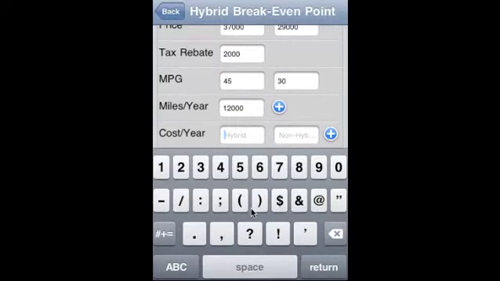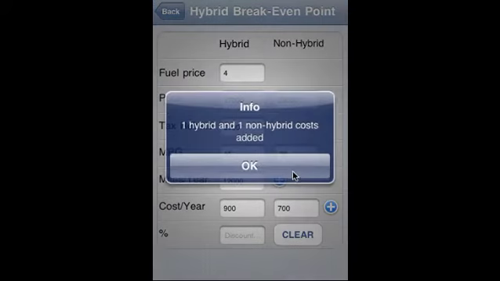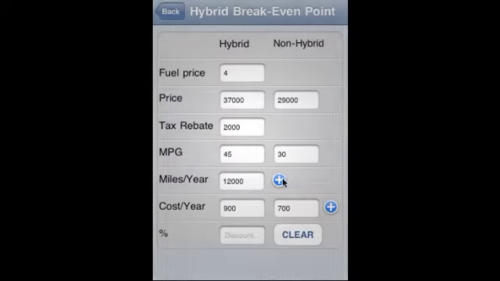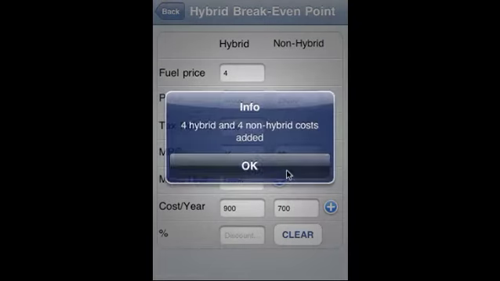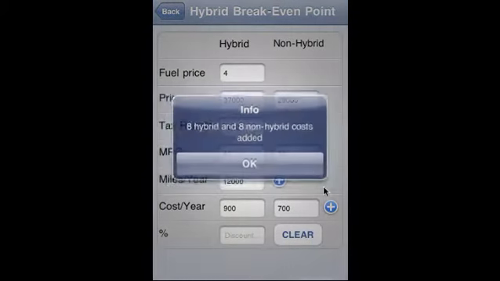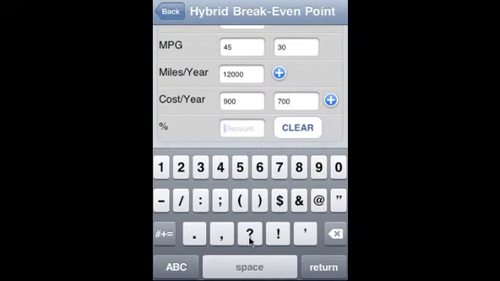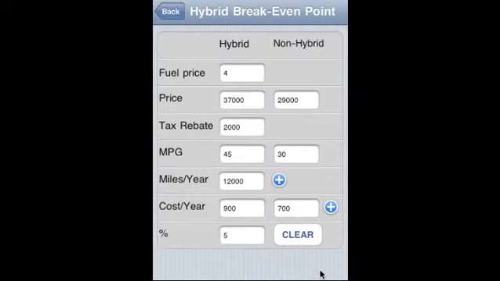So hybrid, say $900 to $700 maintenance cost. We'll add them for 1, 2, 3, 4, 5, 6, 7, 8, 9. And now let us supply an interest rate of 5%.